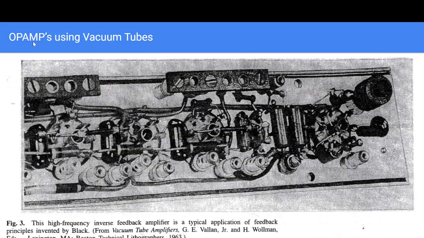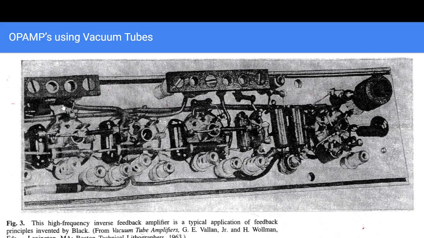So this is a historic picture of an OPAMP using vacuum tubes. These are all vacuum tubes, as you can see here. And here you see coils and associated resistors, and there are multiple connections, but it appears like a high power signal amplification.